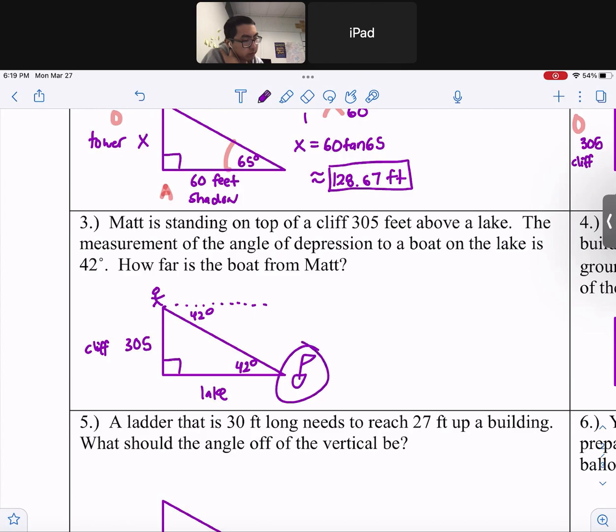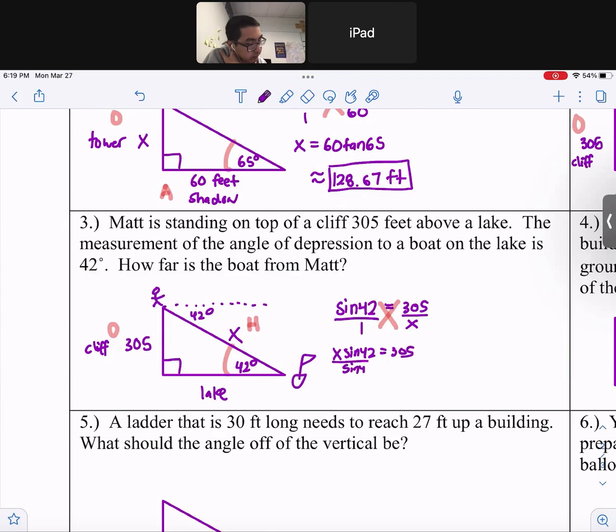Here's the boat, here's Matt, so we're trying to find this distance right here. In the perspective of this angle, this is opposite, and this is now hypotenuse. So now we've got to use sine. Sine 42 equals opposite over hypotenuse. Cross multiply and divide both sides by sine 42.